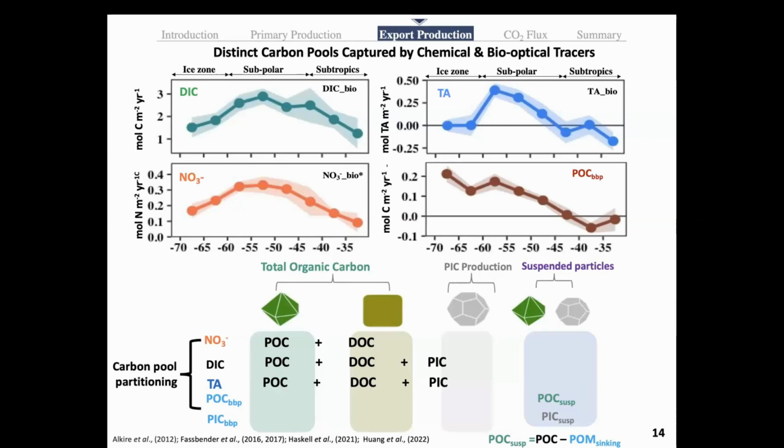So we can link these two biological terms with the end member nutrient ratio of how the PIC and organic carbon are produced, and try to solve how many percent of the carbon export is attributed to the organic carbon term and how many to the PIC term. It's just something like we build up two equations. There are two unknown terms in this equation, so we can solve a set of functions to get this. I can show you more detail after the talk.